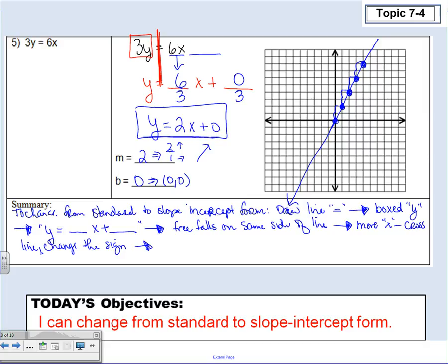And last, we divide by the number in the box. If you follow these steps, you should be able to change from standard form to slope-intercept form and be able to graph any line. This concludes topic 7-4, changing to y equals mx plus b form, day 1.